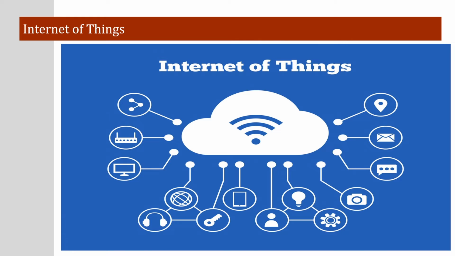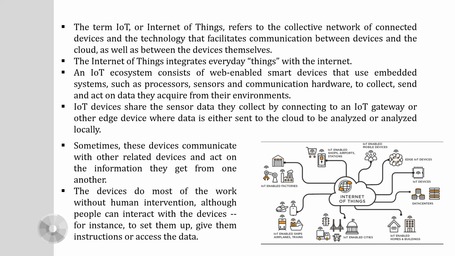Next, coming to the Internet of Things, IoT. The term IoT, or Internet of Things, refers to the collective network of devices and technologies that facilitate communication between devices and the cloud, as well as between the devices themselves. The Internet of Things integrates everyday things with the internet.